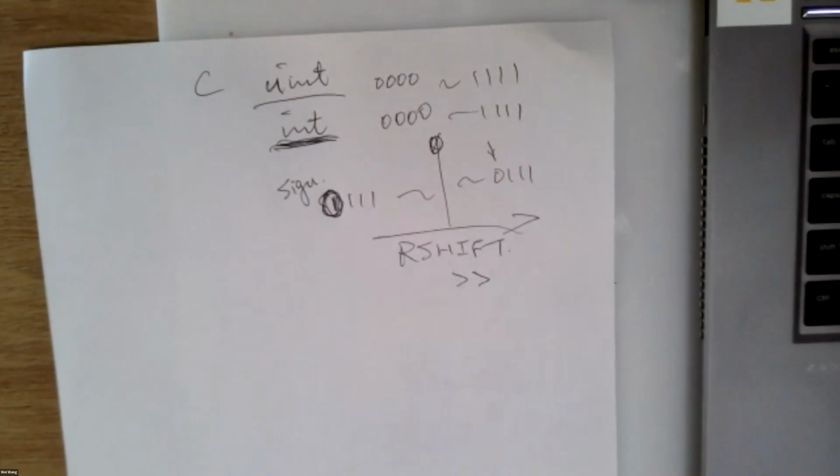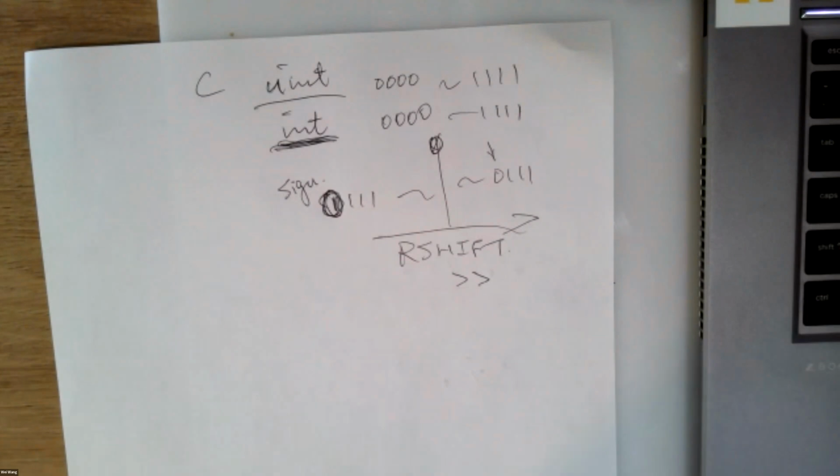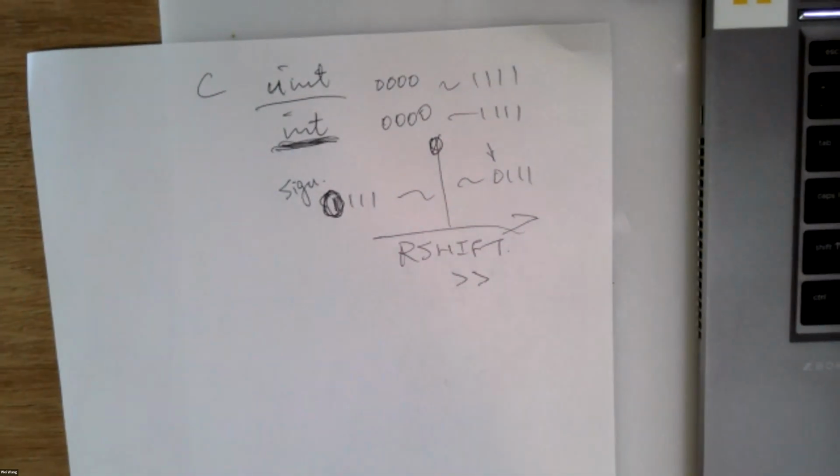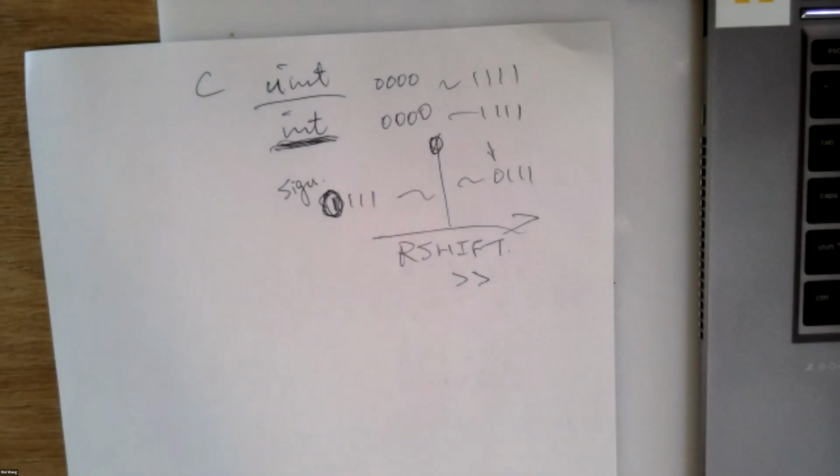If this is 1111, an integer with all bits as one, then when you shift right, it'll fill the left-hand side with one, the highest bit.